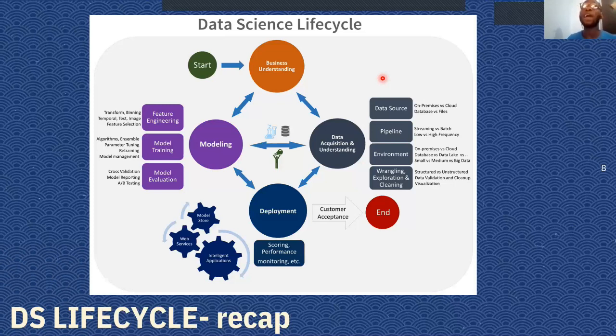Now, I want to also highlight something very important. It is at this point of data ingestion and processing that people introduce data bias. Data bias is one of the things that you have to put into consideration in the ethics of machine learning. Now, what is data bias?